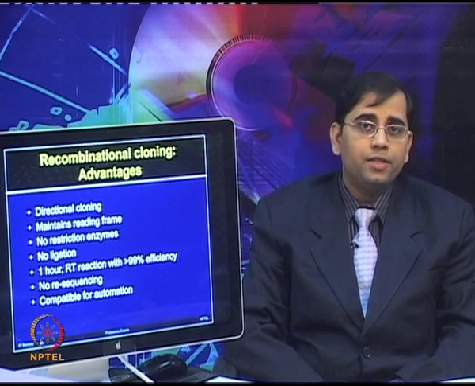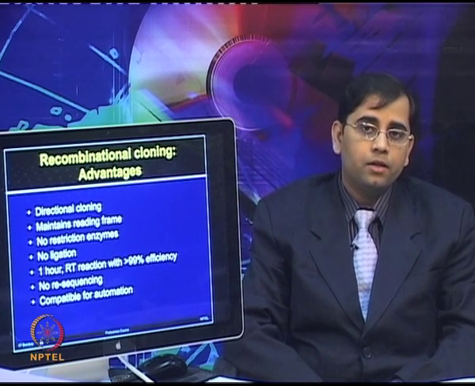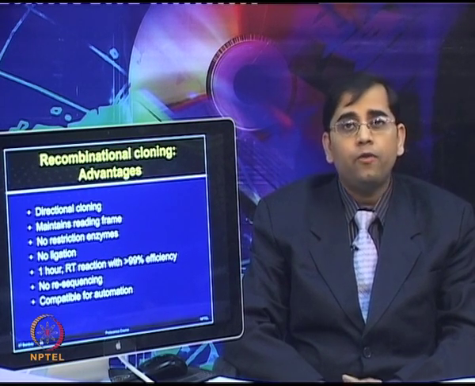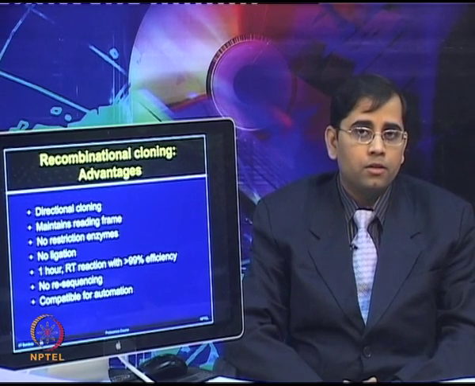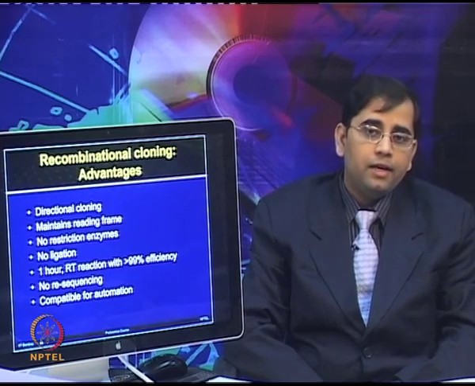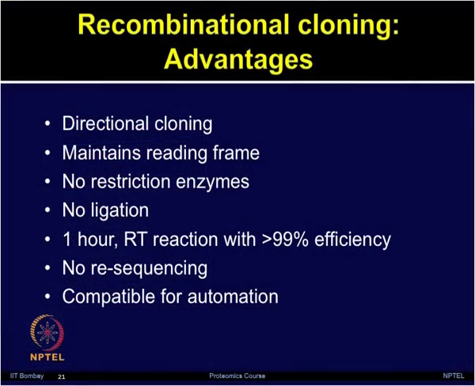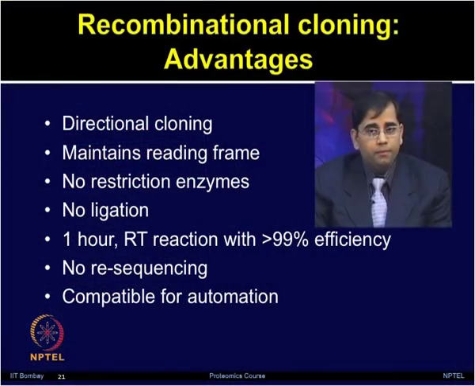Okay, after watching this animation, now let us talk about the advantages of using recombinational cloning. As you have seen, this is a directional cloning. It maintains the reading frame. There is no need for adding restriction enzymes, which is the case for conventional cloning. No need for doing the ligation steps.